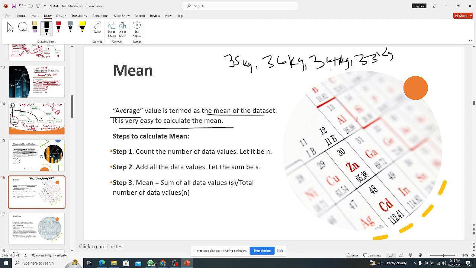So we have 1, 2, 3, 4. Let's add another weight, that is 32 kgs.